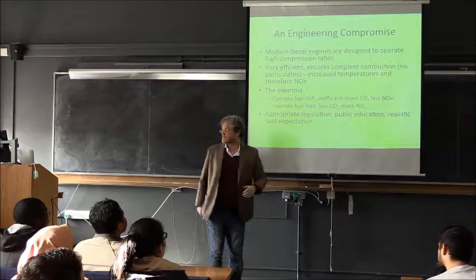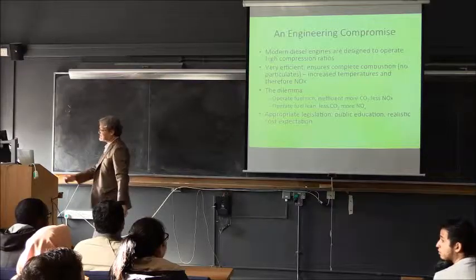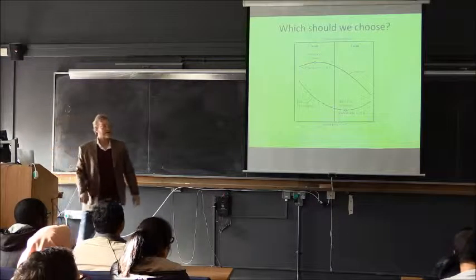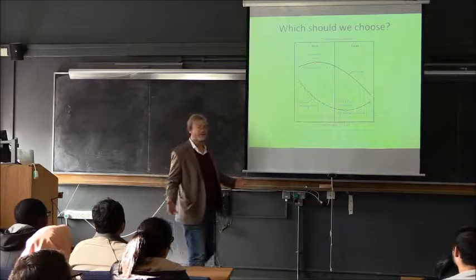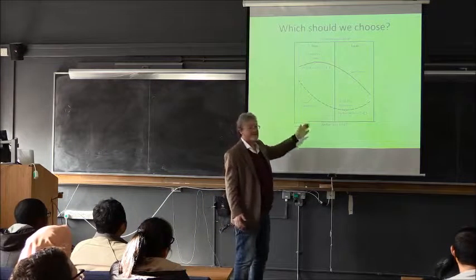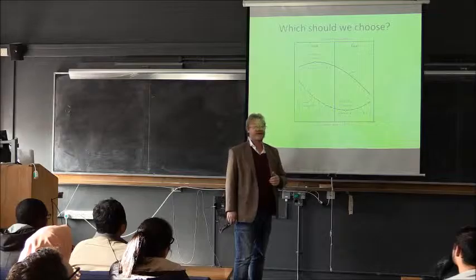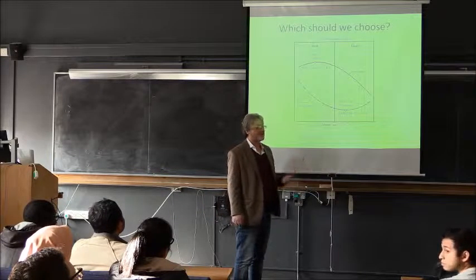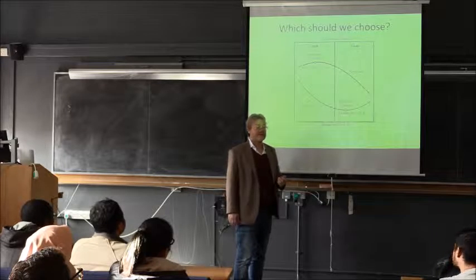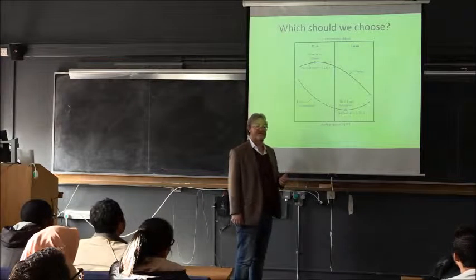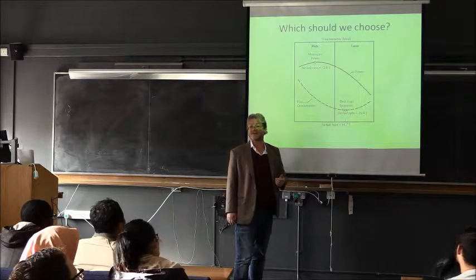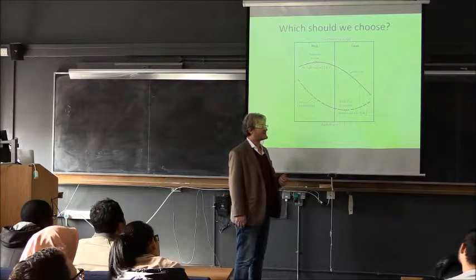So, I come back to my little diagram. Give me scrolling up again. Where do we operate? What do you want? Do you want lots of NOx, or do you want to produce more CO2? As I said, it's a decision, it's an engineering compromise that has to be made. There's no simple way out of this dilemma, except the way that Volkswagen have chosen to approach it, which is essentially cheating on the tests.